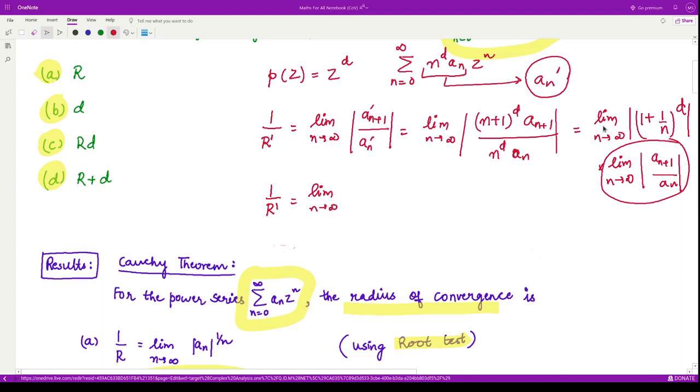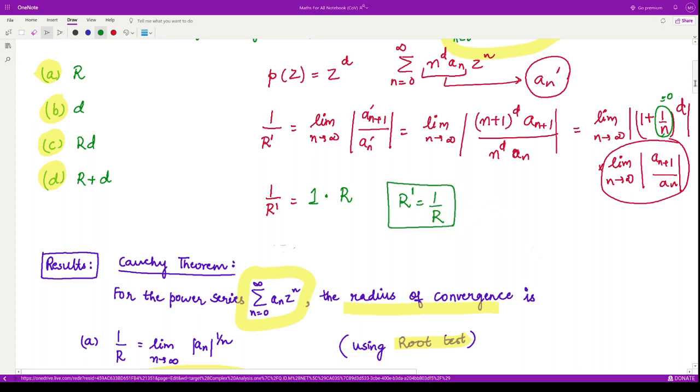When you substitute the limit in the first expression, this term becomes 0, so you'll be left with 1 raised to power d, which is ultimately 1. So we'll be left with 1 multiplied by r. So the new radius of convergence would be 1 by r according to this formula.